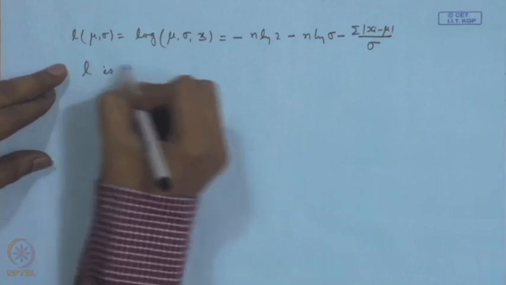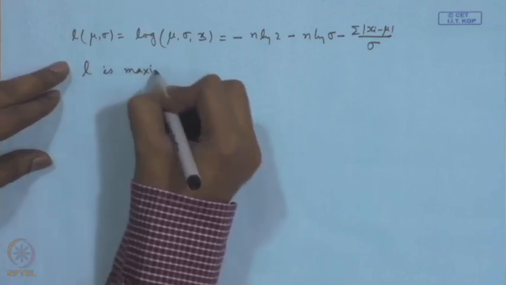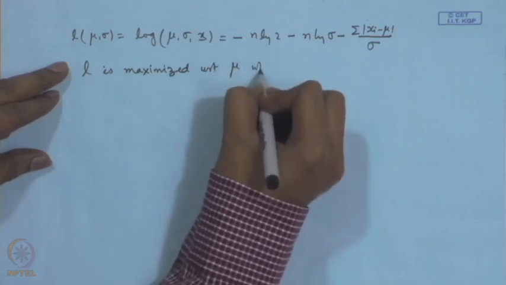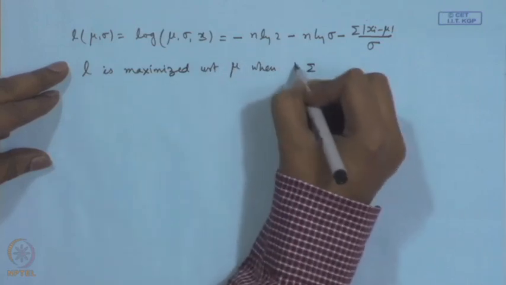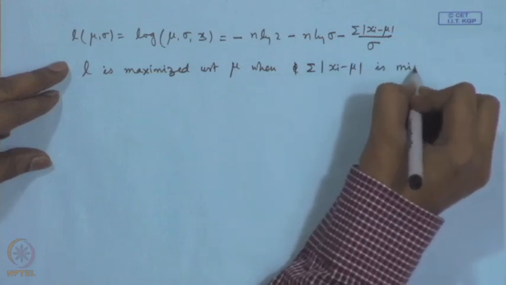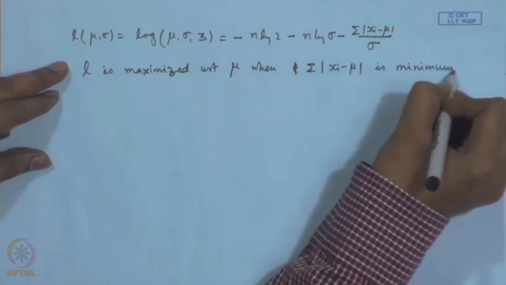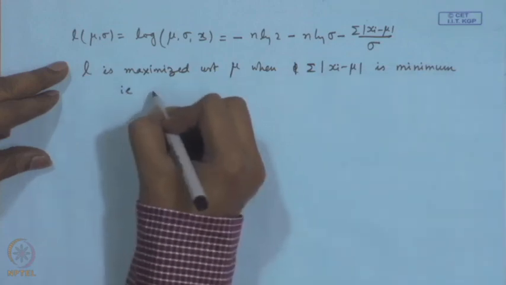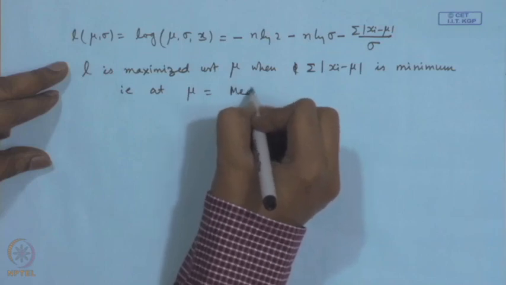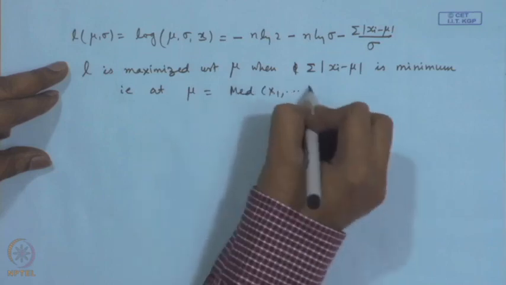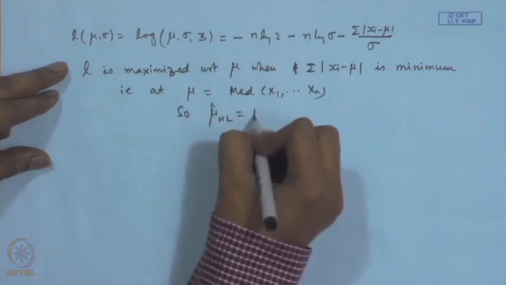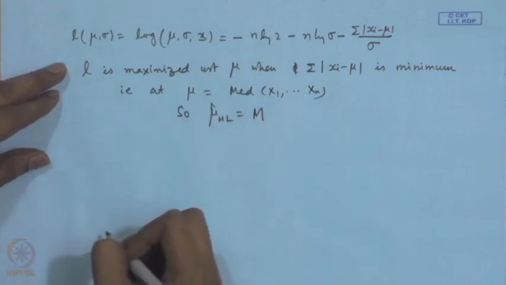So, L is maximized with respect to mu when sigma of modulus x I minus mu is minimized, that is at mu equal to median of x 1, x 2, x n. So, mu hat m l is equal to the median which we are calling m.